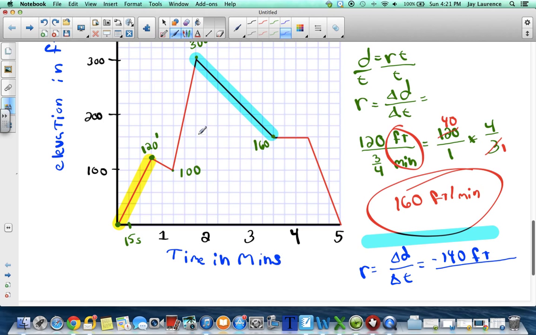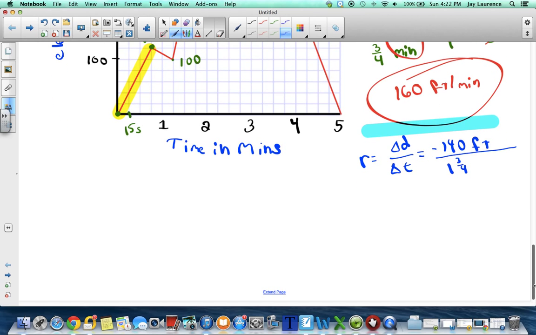Now the time, looks like it's going from here to here. There's 1 minute, and then 15, 30, 45. So 1 minute, 45 seconds. Well, that'd be like 1 3/4. Now I don't want to use 1 3/4. I personally think it's harder to use that.